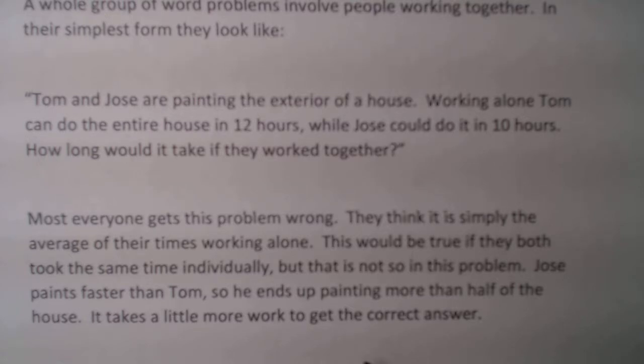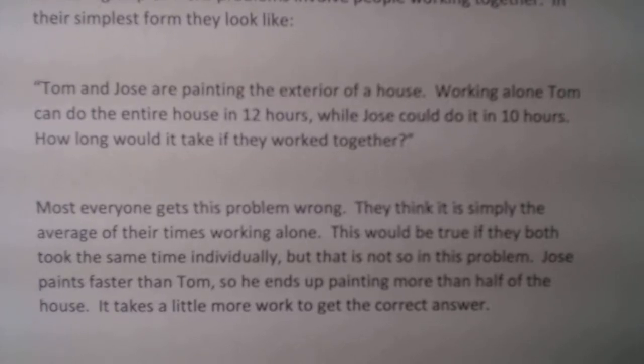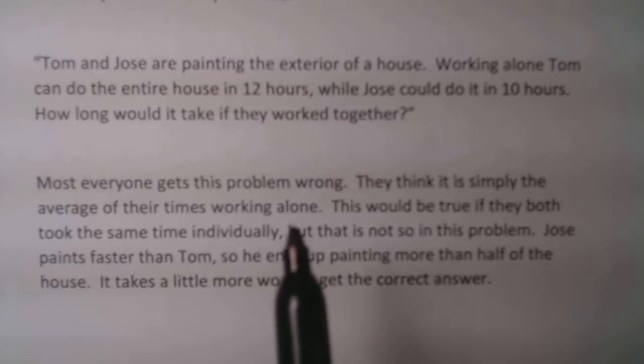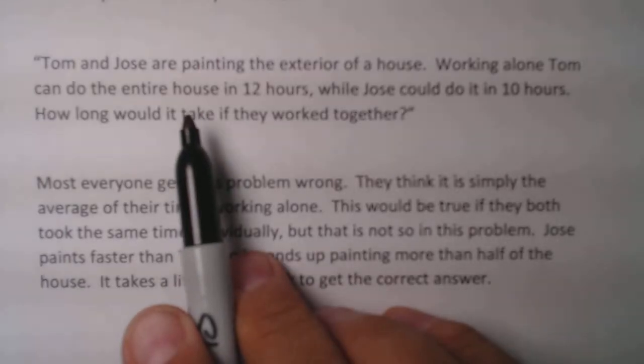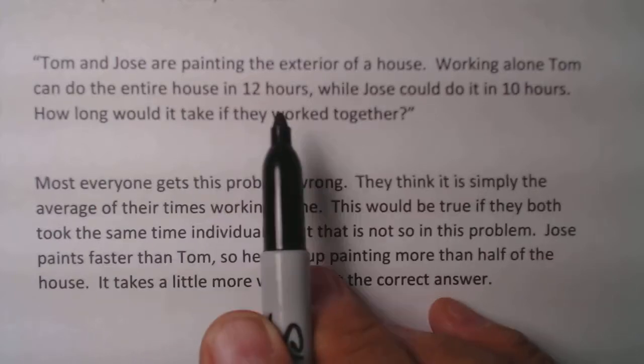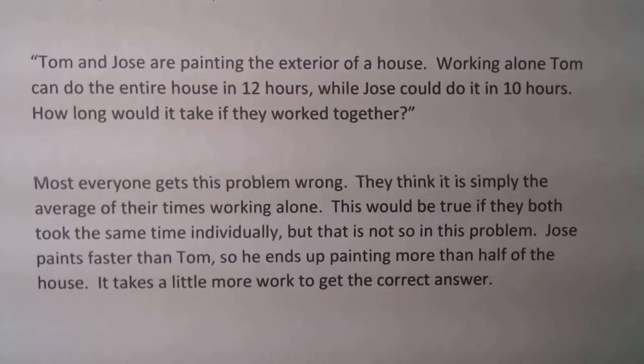It takes a little more effort to get this correct, but we'll show you how to do it. It's not particularly difficult. Okay, let's go back and flesh out the idea here. The key to this is to think about how much each of them does per unit time. And the unit time here is in hours.